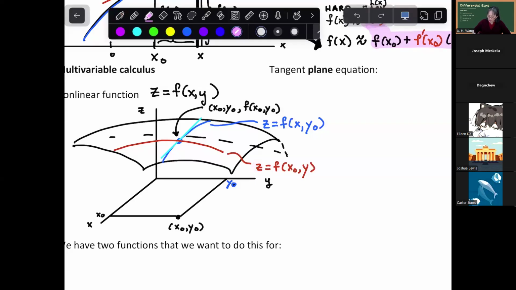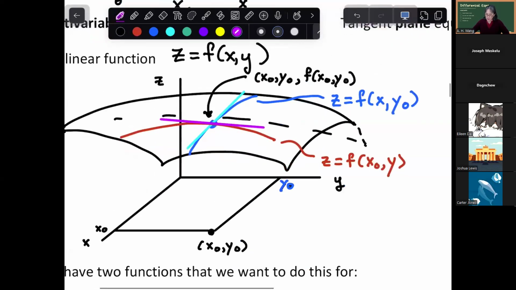So you can take a tangent line right here, and then you can figure out its slope. Looking at this guy, what is his slope? His slope is the derivative of f with respect to, now over here, x.